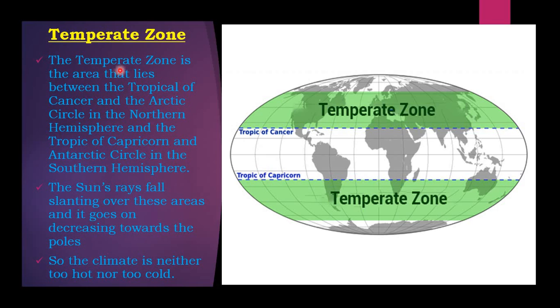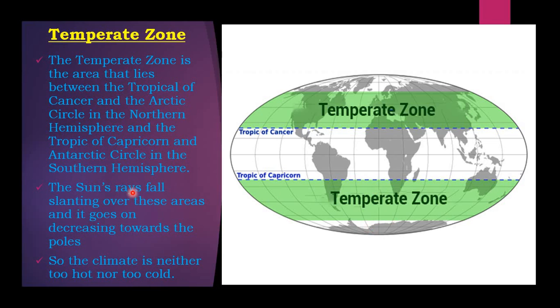So the temperate zone is the area that lies between the Tropic of Cancer and the Arctic Circle in the northern hemisphere, and the Tropic of Capricorn and the Antarctic Circle in the southern hemisphere.